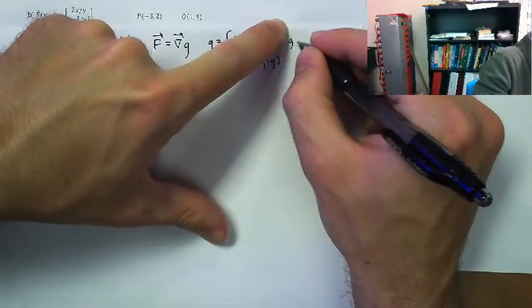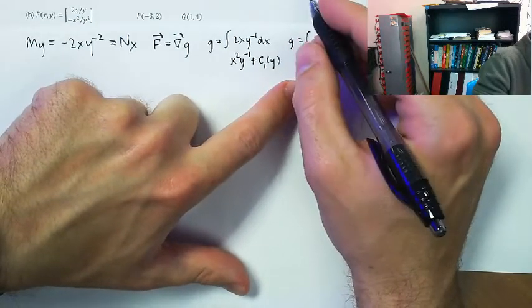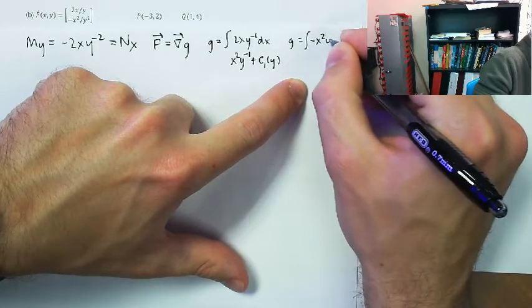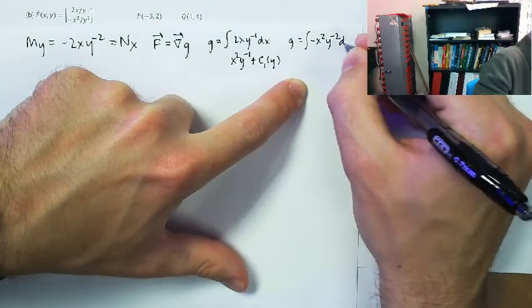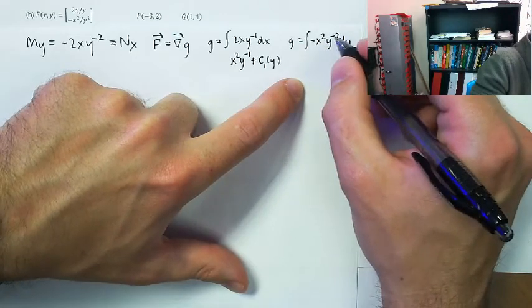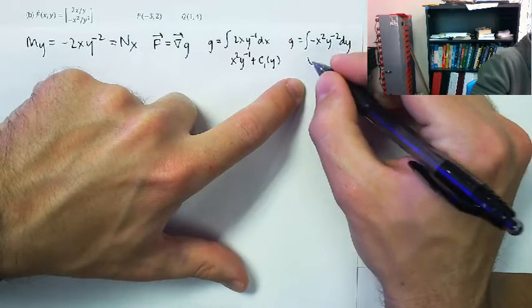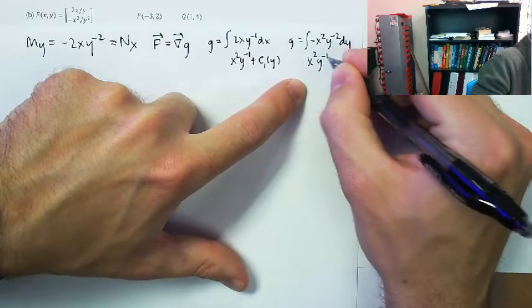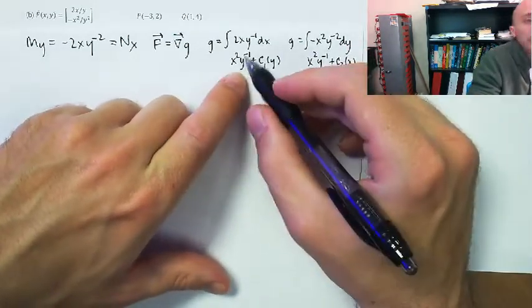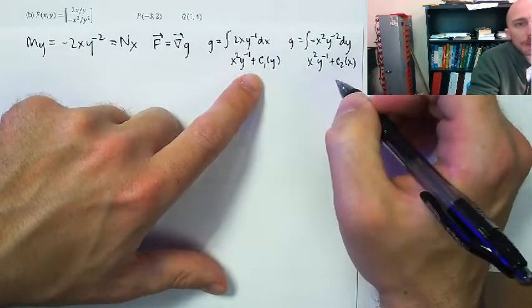And then g is also going to be an antiderivative for negative x squared y to the negative 2 with respect to y. And then that will tell me, I'll add 1 to the power, divide it by the new power, so that'll be positive x squared y to the negative 1 plus some function of x that I would see over here if it really existed. And this constant function of y, I would see it over here if it really existed.